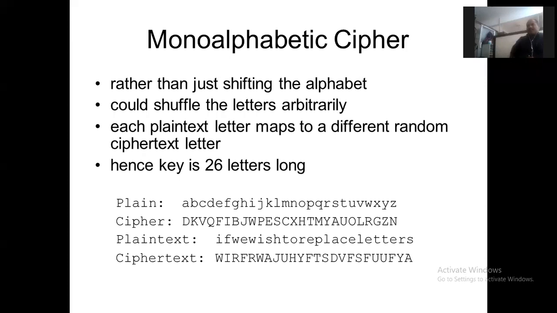Here you can see that rather than just shifting the alphabet, which is what we did in the previous Caesar cipher, here in shifting, one more addition we are going to perform. It could shuffle the letters arbitrarily. Very important.